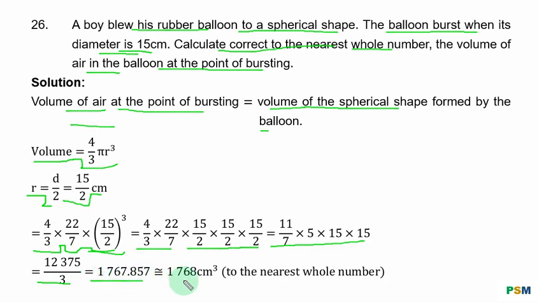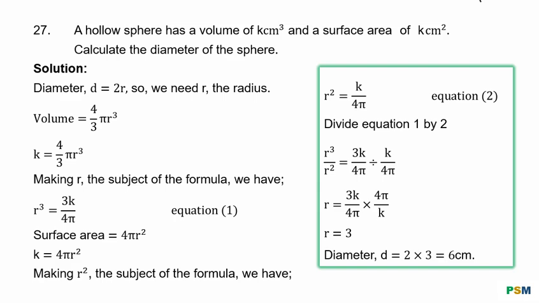The volume to the nearest whole number is approximately equal to 1,768 cubic centimeters.